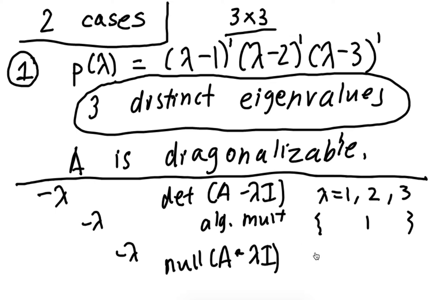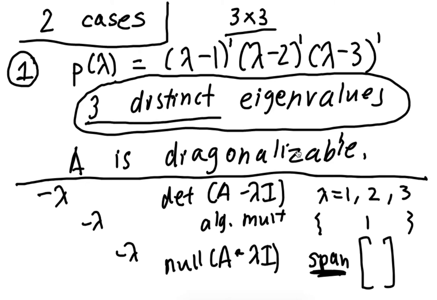The best way to explain that is that you'll always get a span of some kind of vector. And span basically means all possible linear combinations, or all values of a scalar times a vector. I'm not sure if I explained that very clearly, but there are two theorems that we are combining to prove that we don't even have to go further to check multiplicities once we're given a number of distinct eigenvalues.